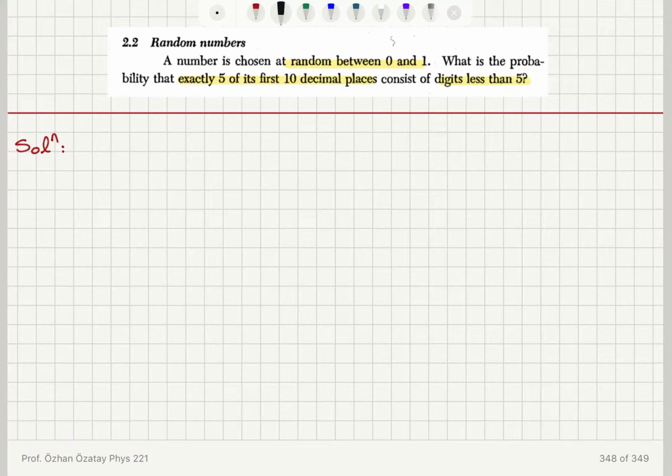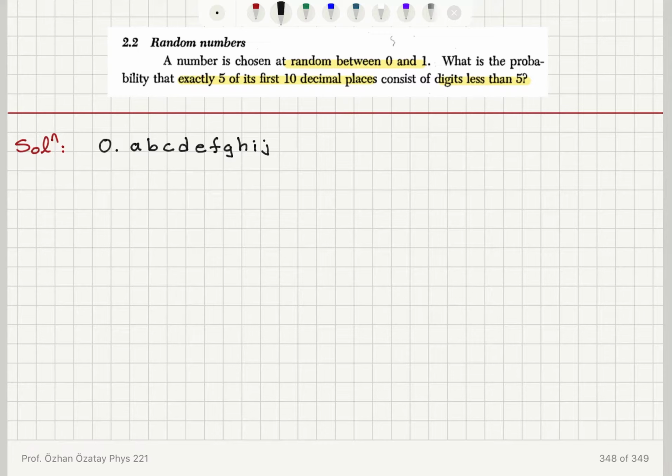Okay, so we're picking a number between 0 and 1. So this number will look something like this. It is 0 point, the first digit I call A, B, C, third digit, D, fourth digit, E, fifth digit, F, sixth, G, seventh, H, eighth, I, ninth, J, 10th.